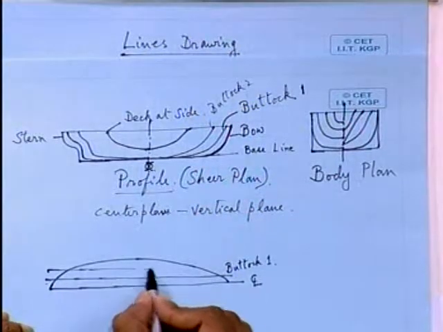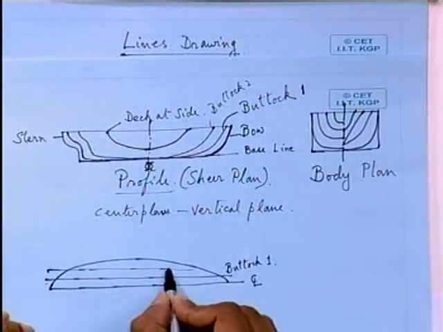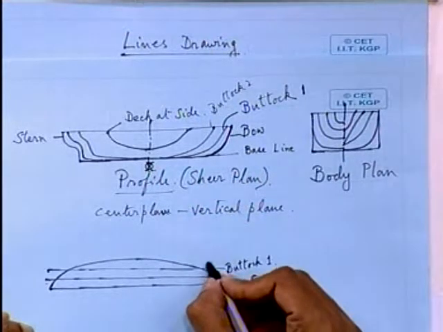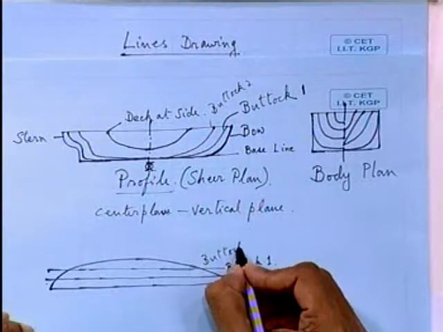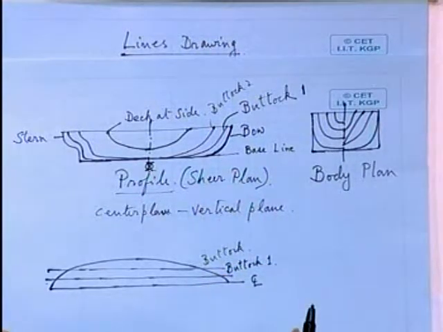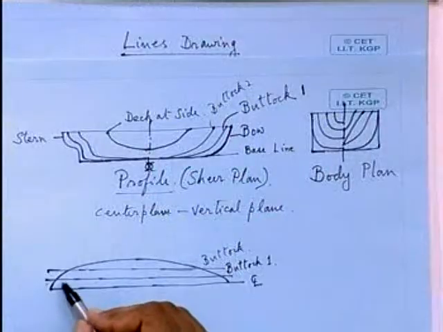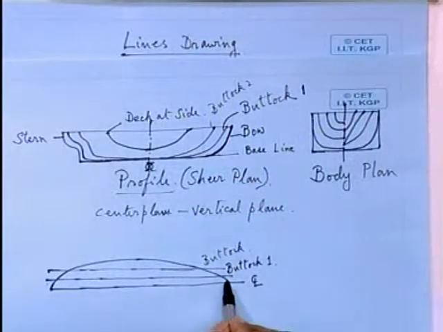Say this is buttock number 2. So half breadth plan is actually, if you draw horizontal planes, if they intersect vertically your hull form, and if you look from the top, those intersections or the extreme boundaries will be given by these curved lines.